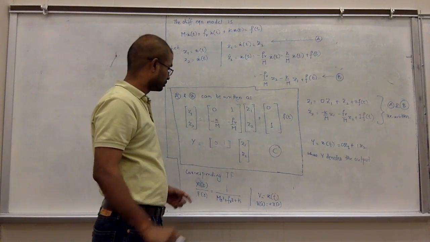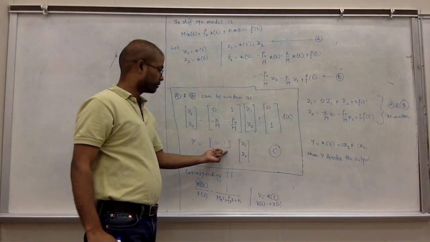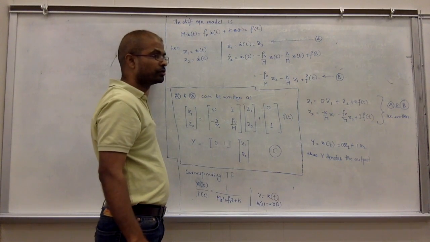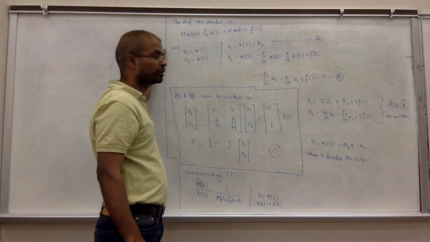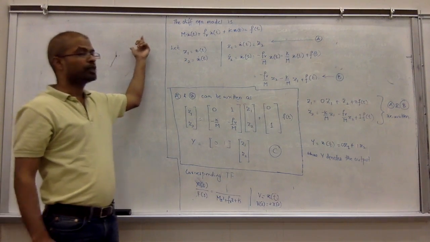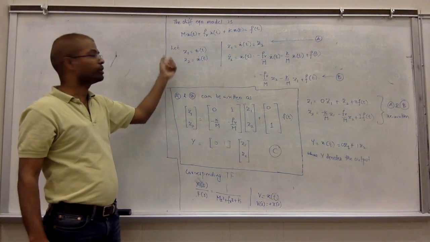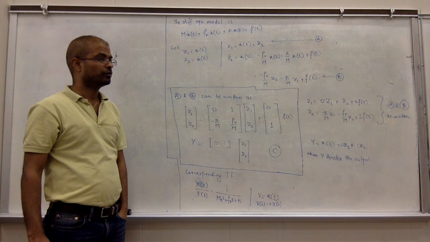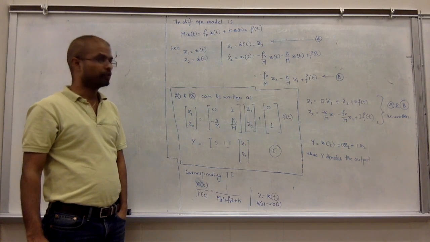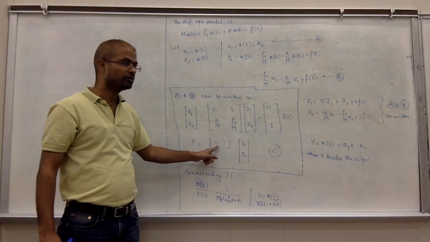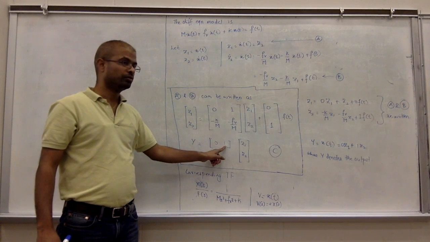That's what I discussed right now. If you define what the output is, if the output is displacement, in what variable is displacement captured? Is it Z1 or Z2? It is Z1, right? If the output is Z1, it will be 1, 0.